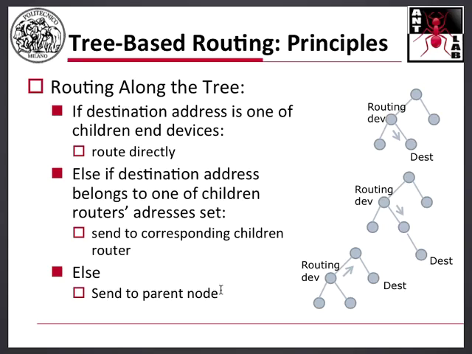Other questions? Yeah? How does the PAN coordinator understand that a node, for example, joins the network? Question is, how does the PAN coordinator know that the new node is joining? The answer is because there are procedures at the 15.4 layer to handle the association phase.